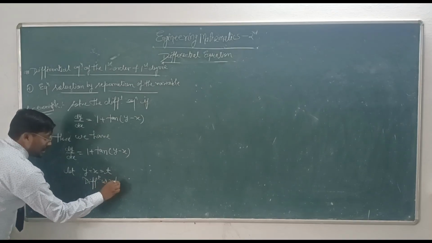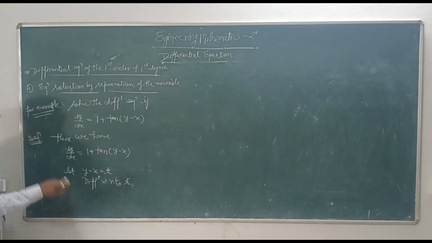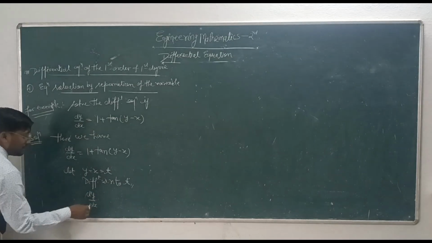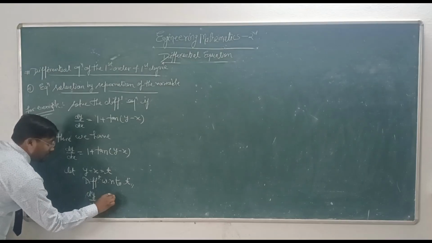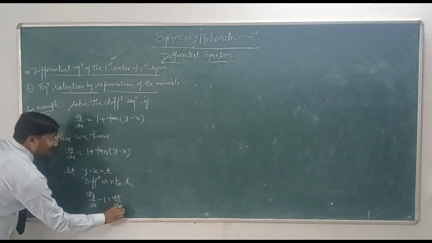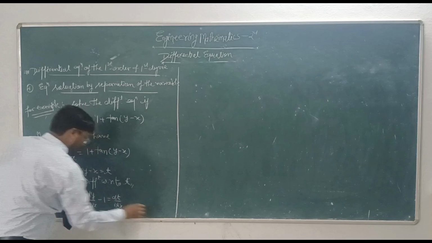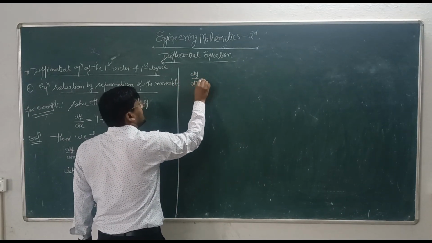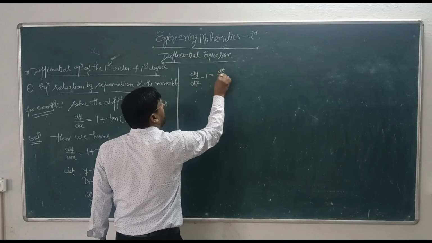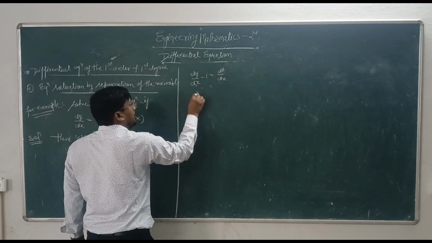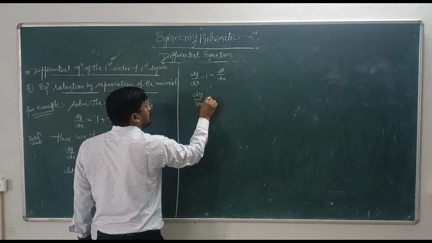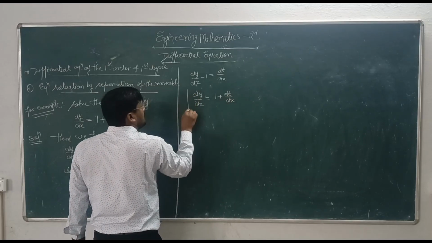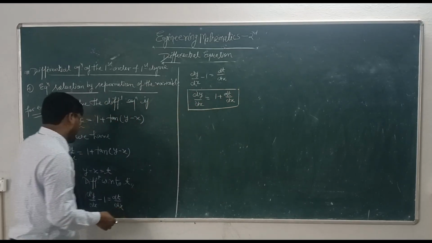Now you can find dy by dx minus 1 is equal to dt by dx. Now dy by dx you can write as 1 plus dt by dx. You can note down this.